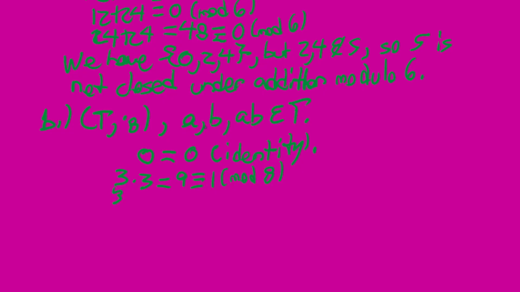And then 3 times 7 is 21, which is 5 modulo 8. And then 3 times 11 is 33, which is 1 modulo 8. Then we have 7 times 7 is 49, which is 1 modulo 8.